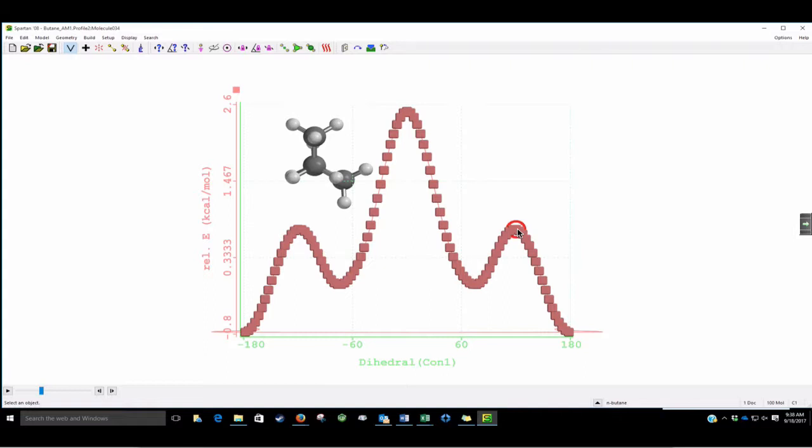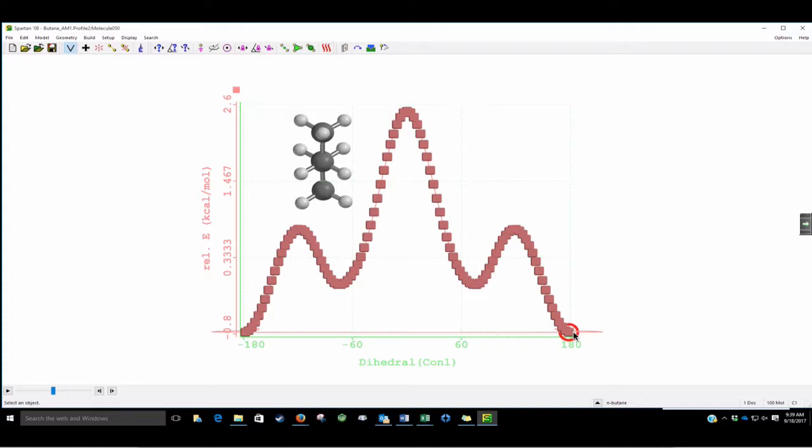Now what's going to happen as I start to rotate past that? It's going to decrease again until we reach the global minimum at 180 degrees, which is the what conformation? That's the staggered. And so we have the big group and the big group far away from one another.